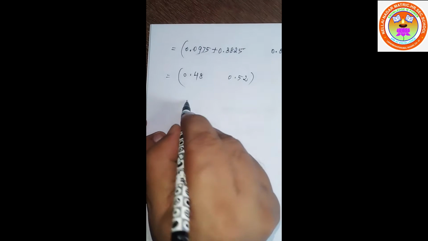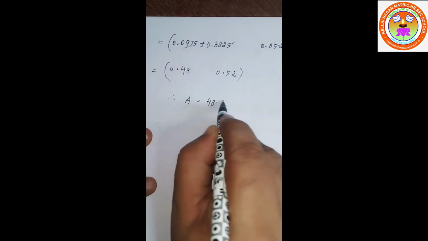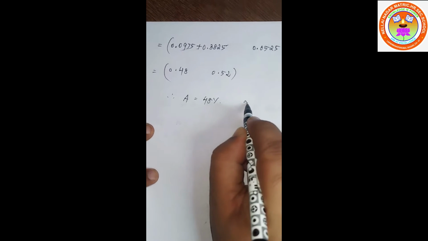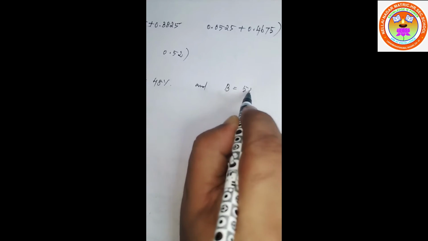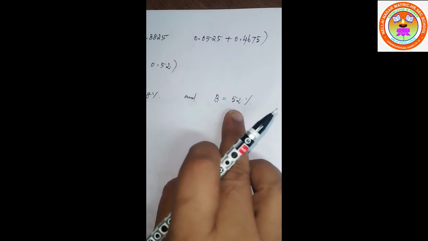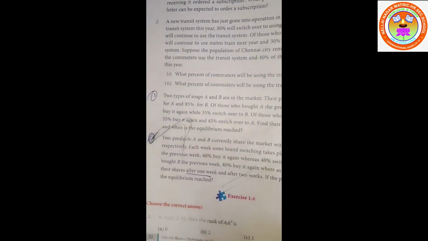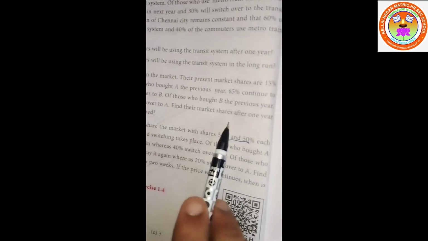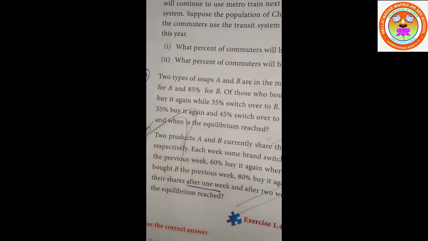So we can write product A percentage 48%, and product B sales percentage 52%. Now the second subdivision, when is the equilibrium reached?